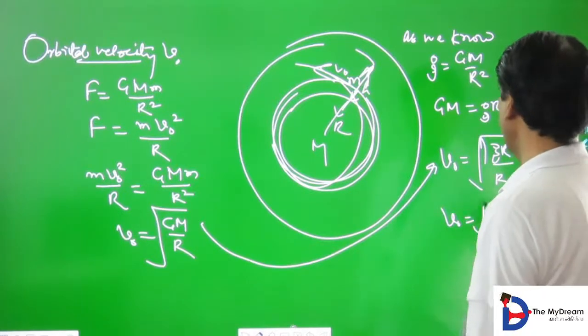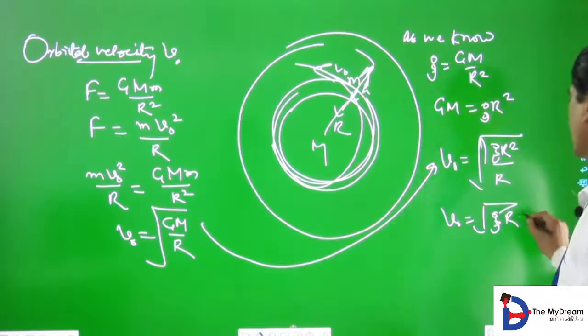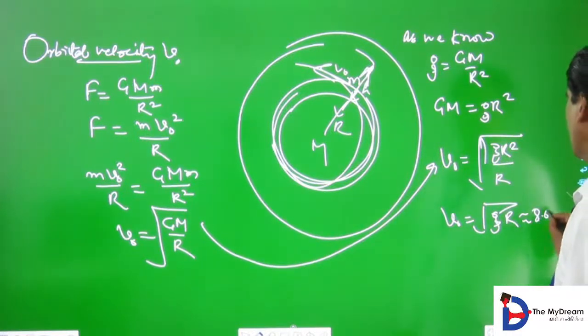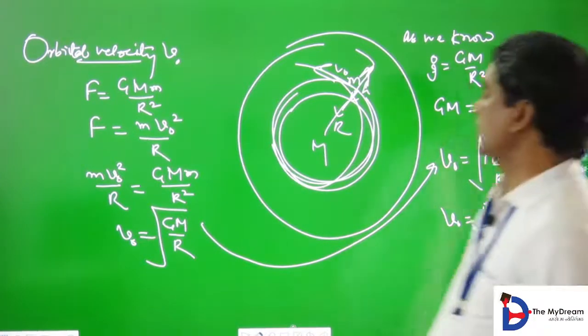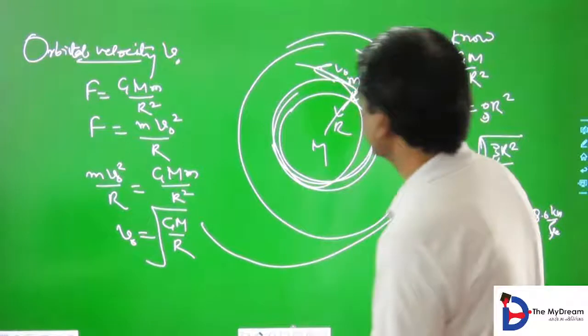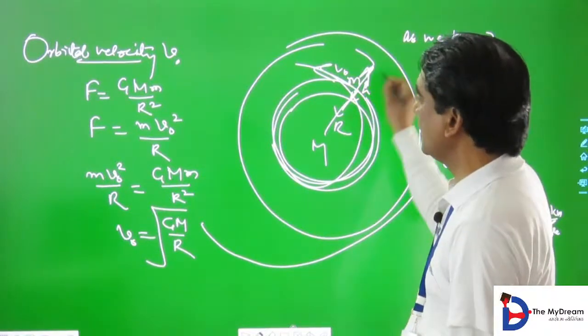Then we will get simply root of gr. That is about 8 kilometers per second. Yes, there is the gravitational force, there is the centripetal force.